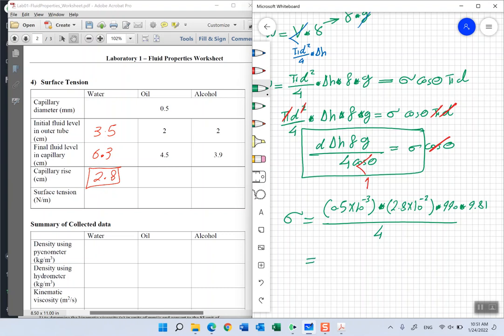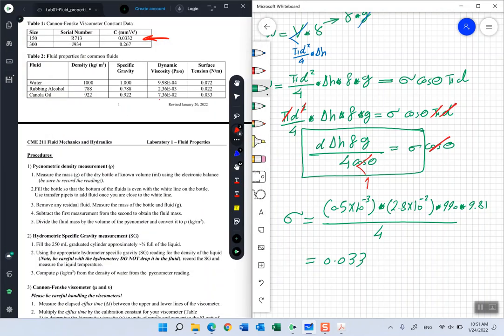So can you give me the final answer to this equation? It will be 0.033, and the units are Newton per meter.